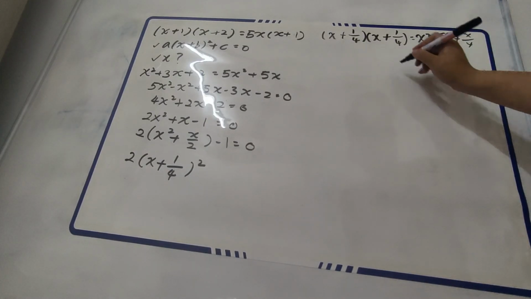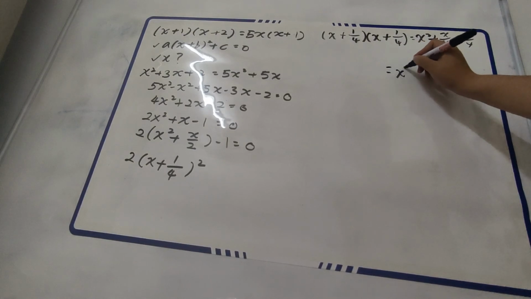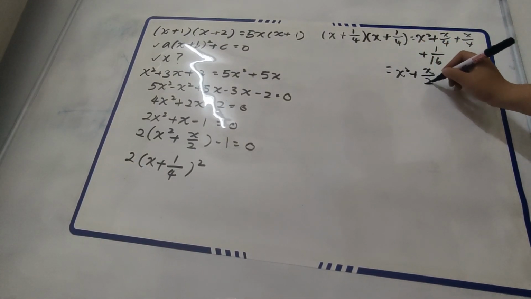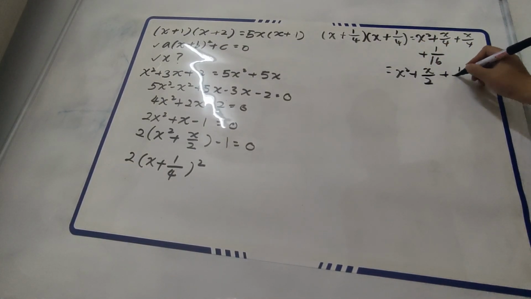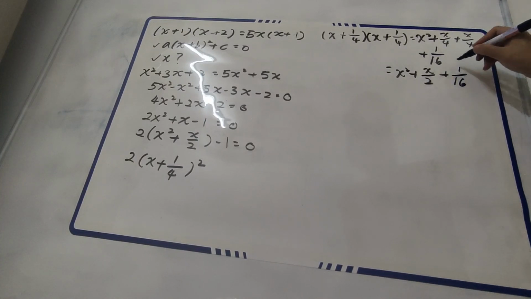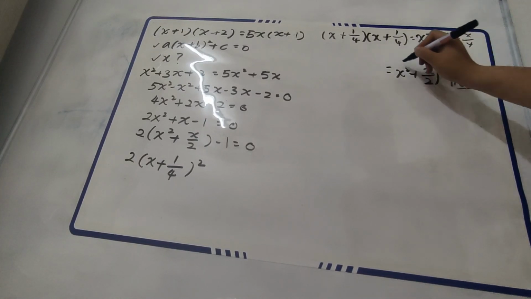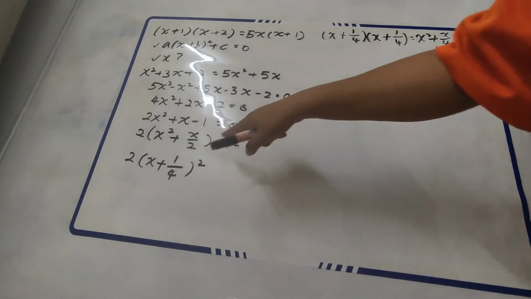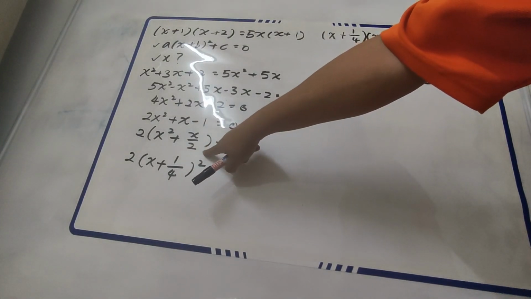So also equals x squared plus x over 2, then plus 1 over 16. So don't bother about this, and you will see this part actually equals this part.